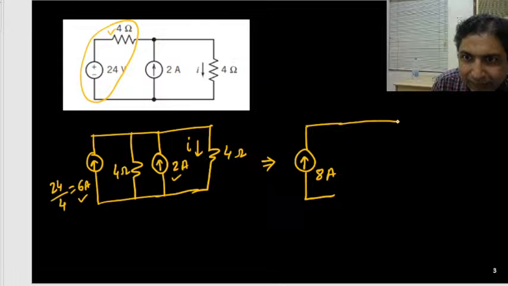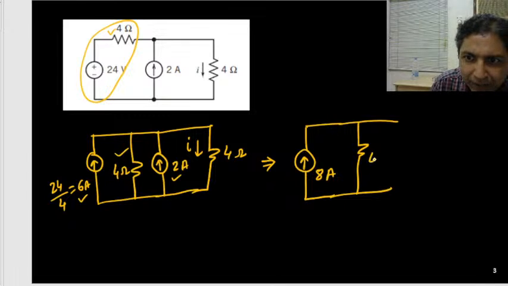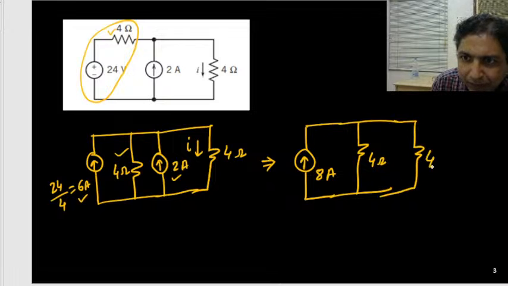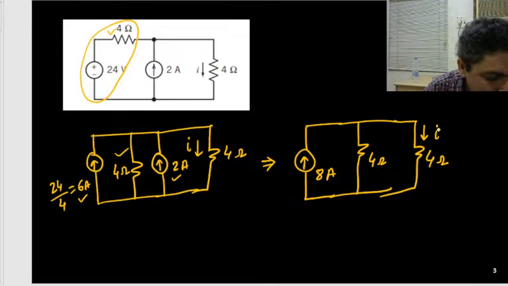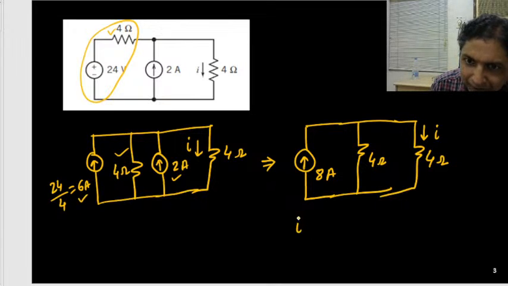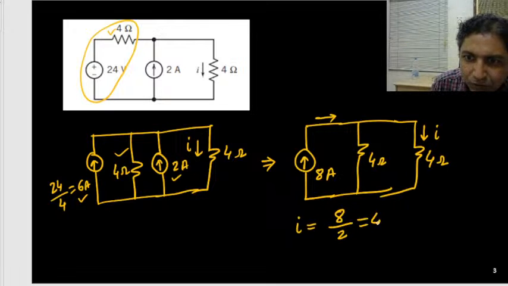And then this 4 ohm, this one I am writing here, and then I will add the last element, 4 ohm again. There we need to find out the current. And you can see this current is very easy to find out. What is that? You can use the current divider rule. So total current coming here is 8 ampere. Both branches are 4 ohm. They are equally divided. So this I will be simply half of this 8. 8 by 2 is 4 ampere.